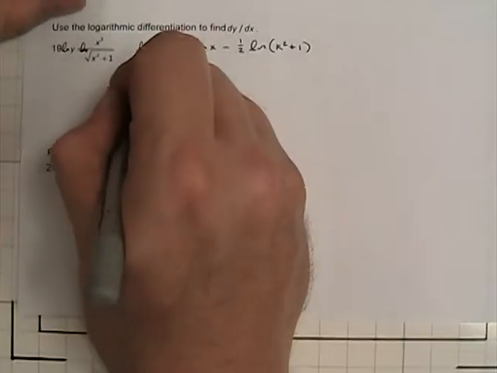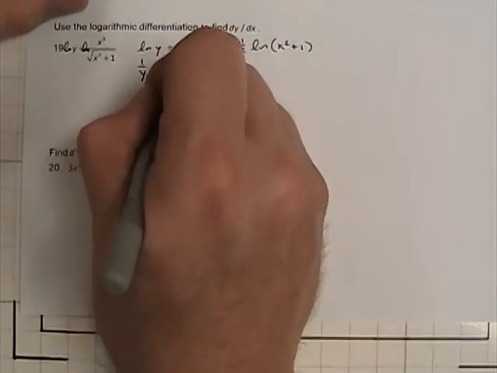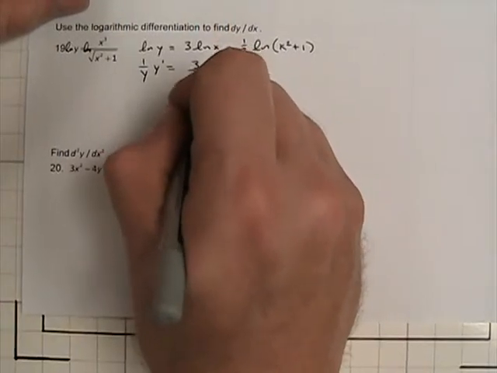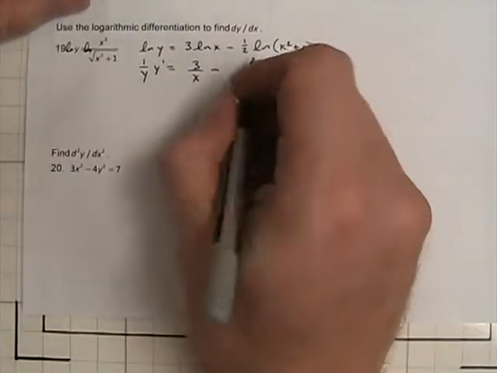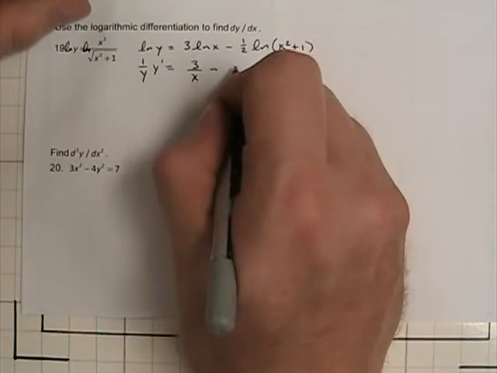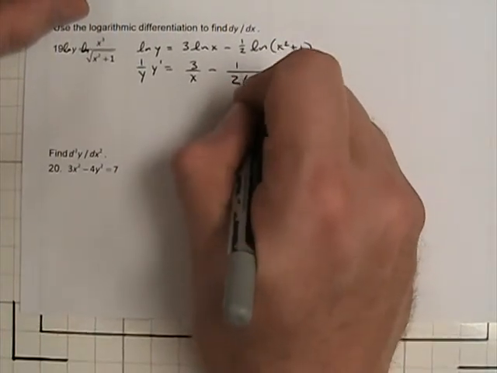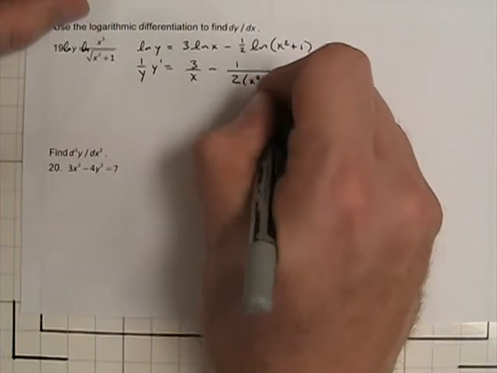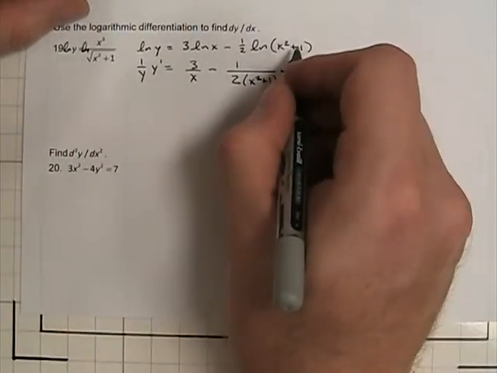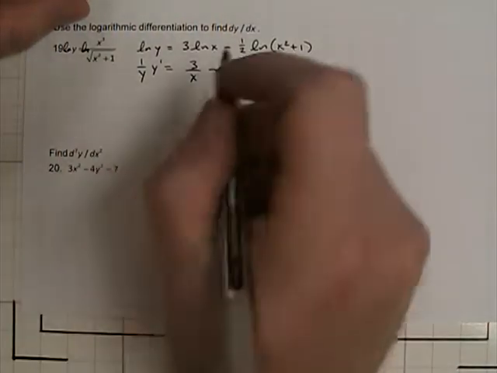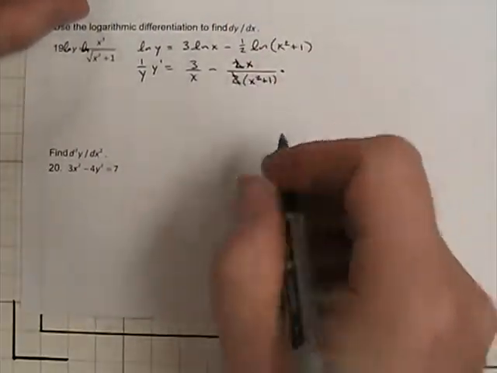Derivative becomes pretty easy at this point, 1 over y times y prime. So this part does become implicit. 3 over x minus 1 over 2 times x squared plus 1 times the derivative of the inside, which would be 2x. Cancel out the 2's.